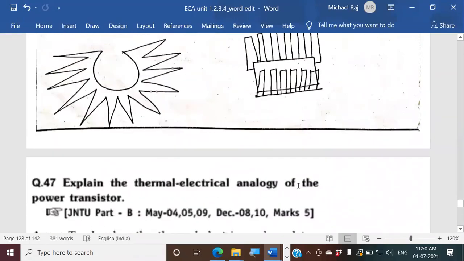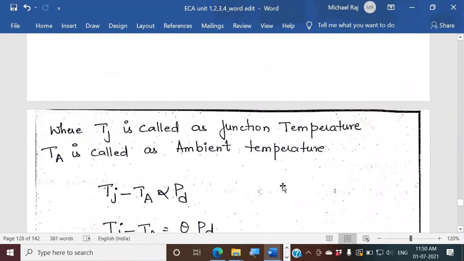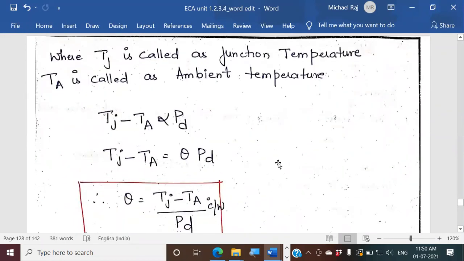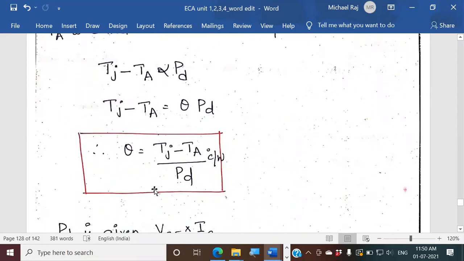Now, so far we discussed thermal resistance, but we considered it directly from the junction to the ambient. However, from junction to ambient, there are paths. I told you, listen very carefully and please answer.